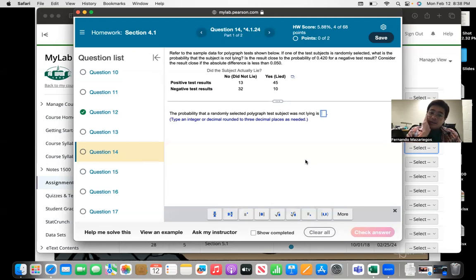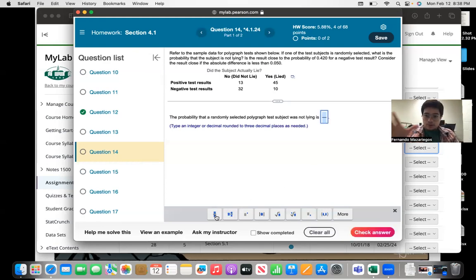So the probability that a randomly selected polygraph test subject was not lying is, again, we construct a probability. We want a quotient. The numerator is going to be the amount of subjects who did not lie. We can get that from this column, 13 plus 32.